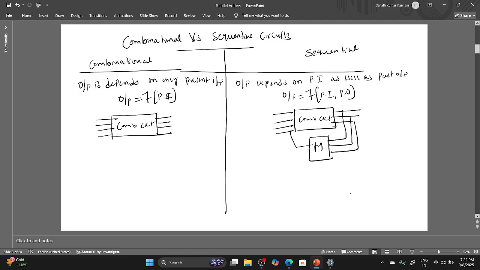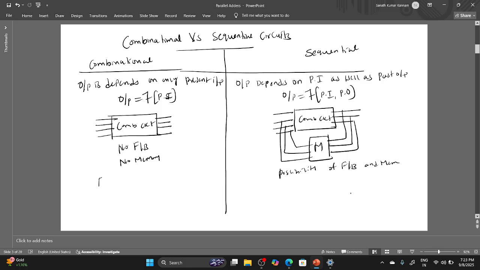In a combinational circuit there is no feedback and no memory. In a sequential circuit there is the possibility of feedback and memory.